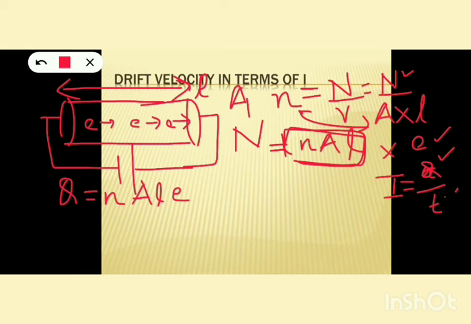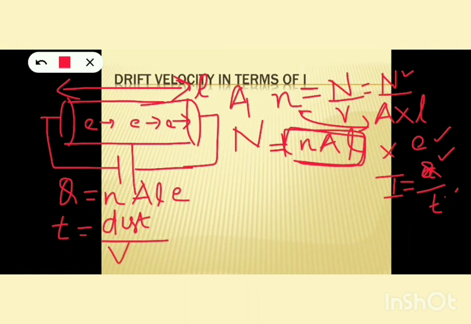And how will you find that time? Time T is equal to distance by velocity.